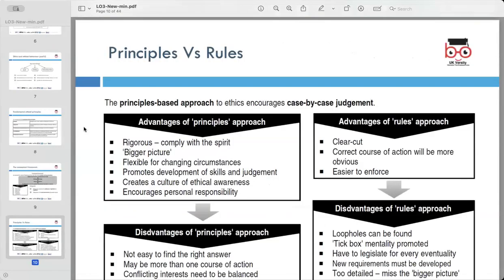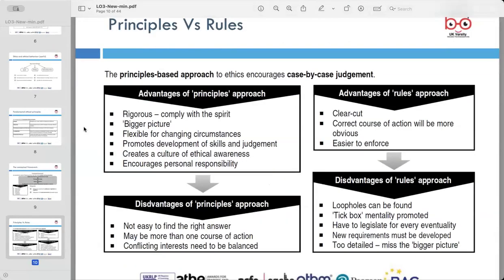Right. Next is the difference between principles and rules. In ethical decision making, professionals often face the dilemma of choosing between a principles-based approach and a rules-based approach. The principles-based approach advocates case-by-case judgment, emphasizing adherence to overarching ethical principles rather than strict rules.